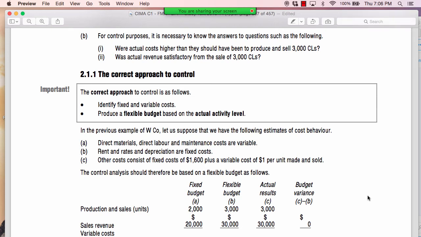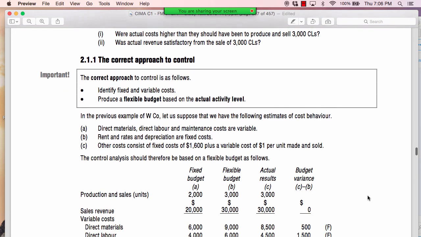Produce a flexible budget based on the actual activity level. My actual activity level is 50,000 units. Why is it important for me to identify the fixed and variable aspects of it now? Can you tell me? Why is it important?